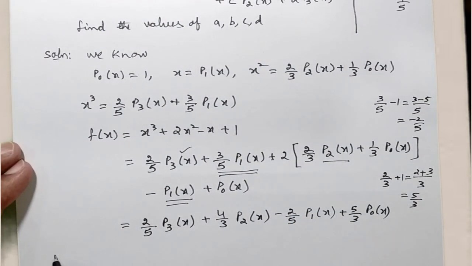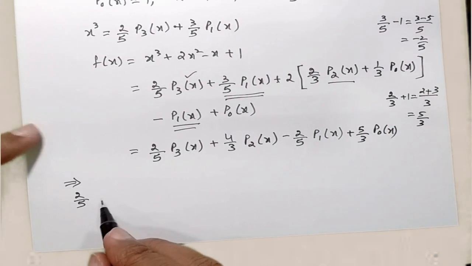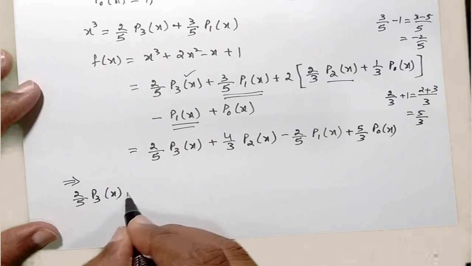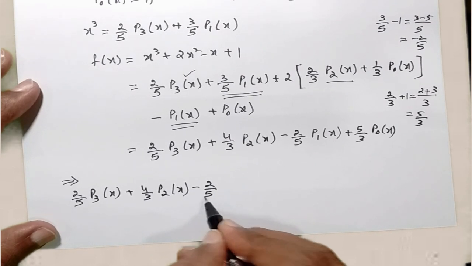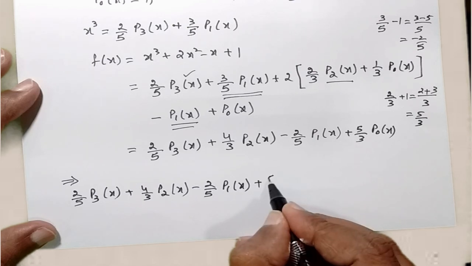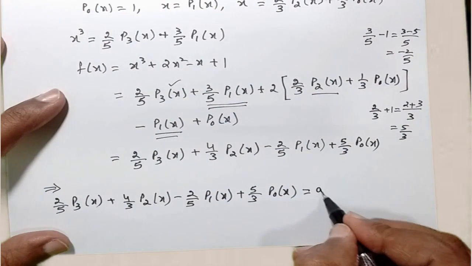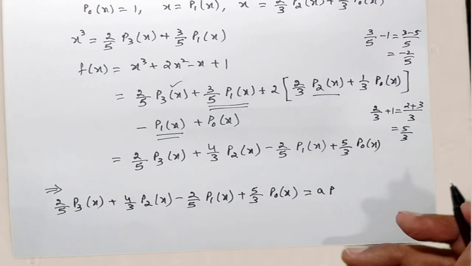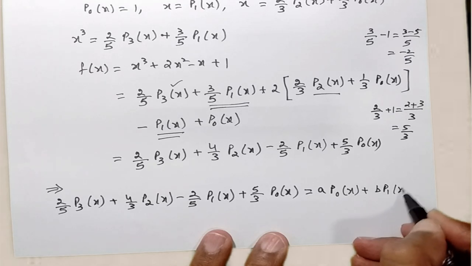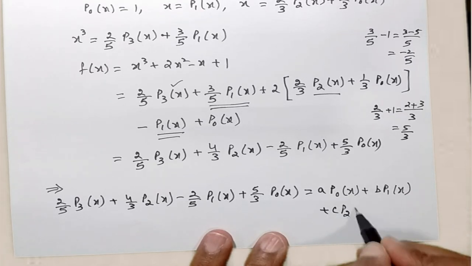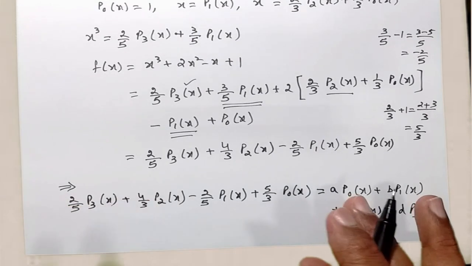So therefore, we'll try to compare as 2 by 5 P3 of x plus 4 by 3 into P2 of x minus 2 by 5 into P1 of x plus 5 by 3 into P0 of x is equals to, the question that you have, it is a into P0 of x plus b into P1 of x plus c into P2 of x plus d into P3 of x. So we need to just compare the coefficients here.